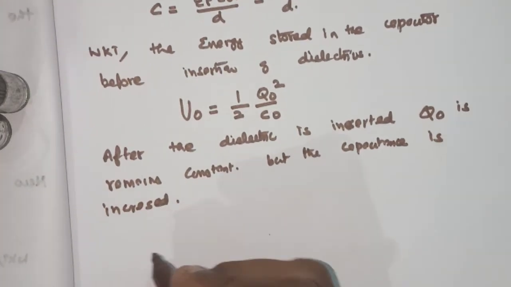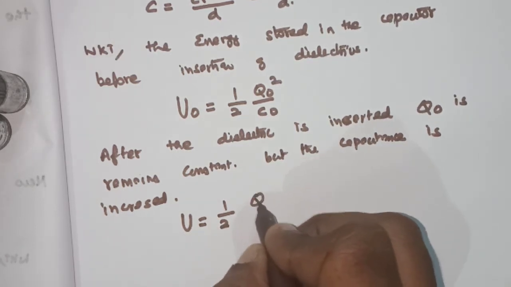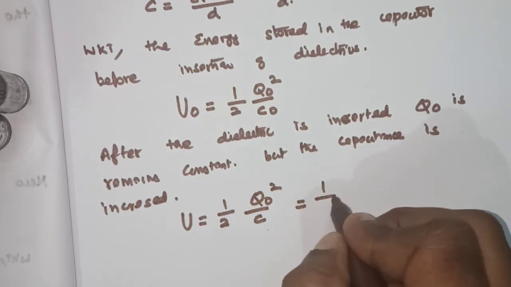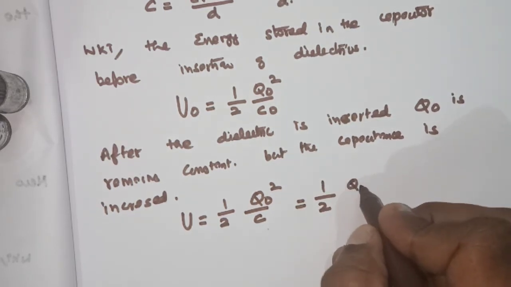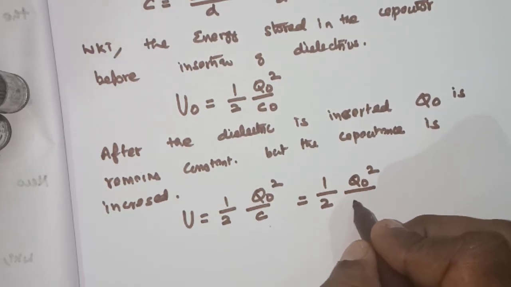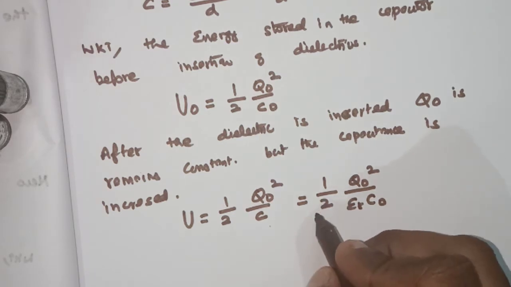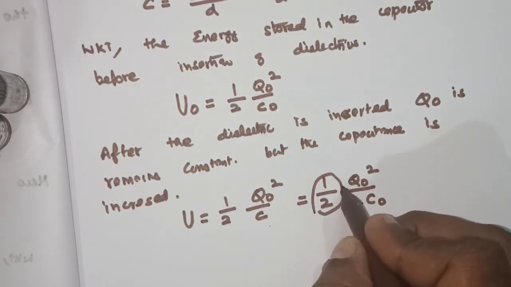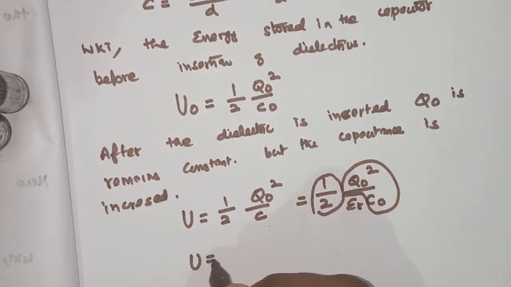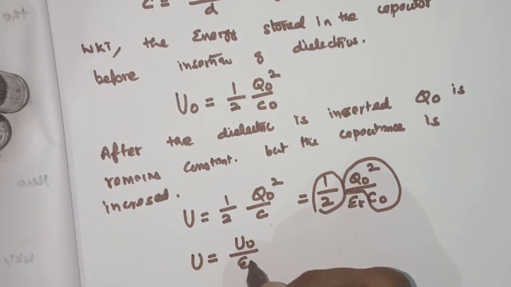Okay, therefore U equal to half Q naught square divided by C, that is half Q naught square divided by, I am going to write what is C, epsilon r C naught, we already derived here. This is half Q naught square by C naught, that is equal to U naught by epsilon r.